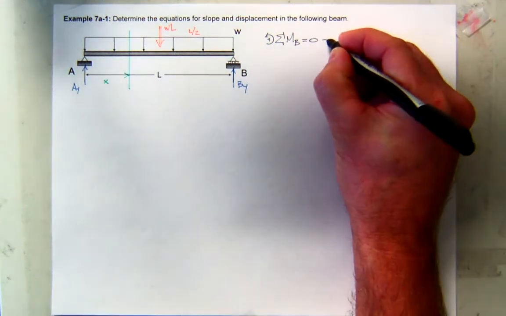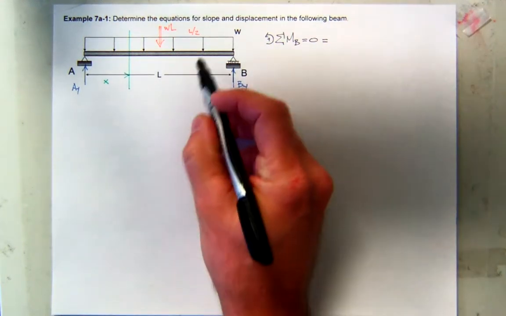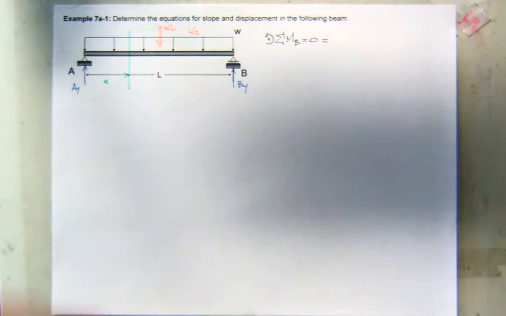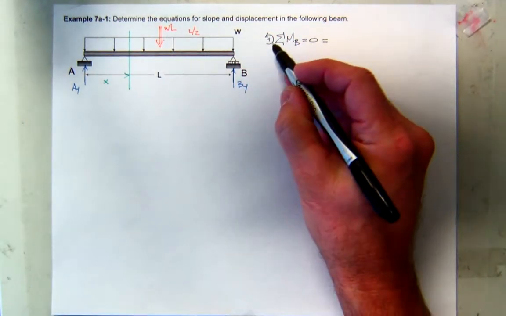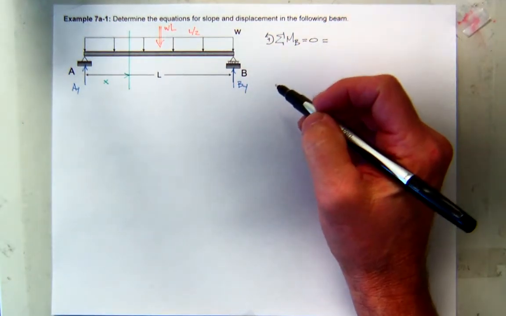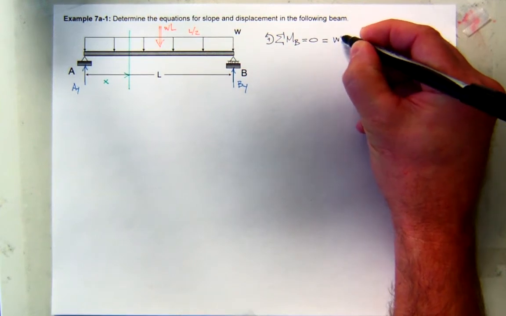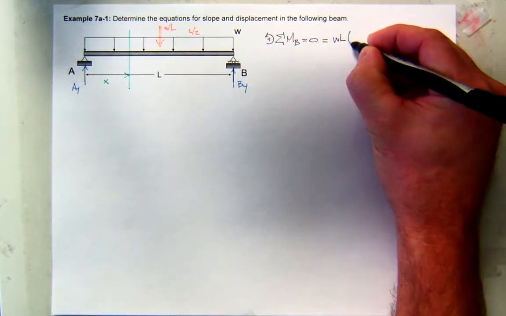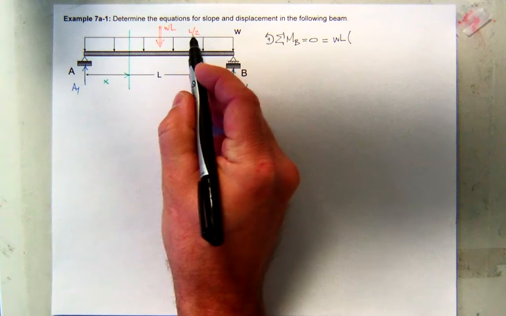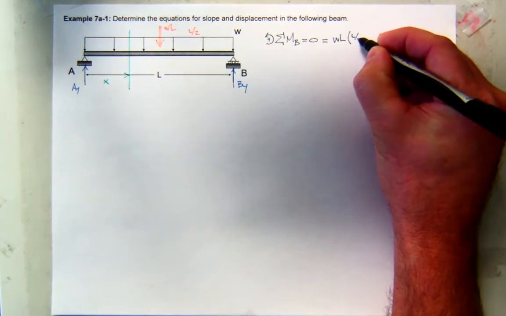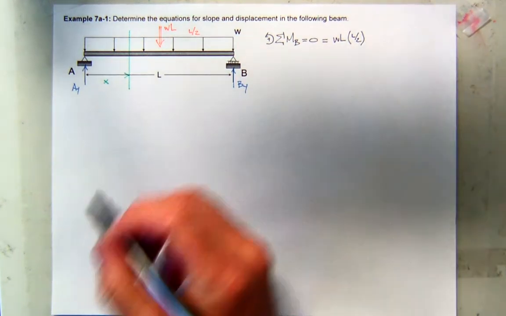So when I do that, about B, my concentrated equivalent force creates what kind of moment with this sign convention? Positive or negative? Positive. So it'll have a load of WL, and the distance from B to the centroid is L over 2. So there's the moment due to the applied load.